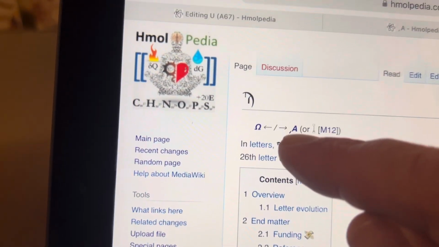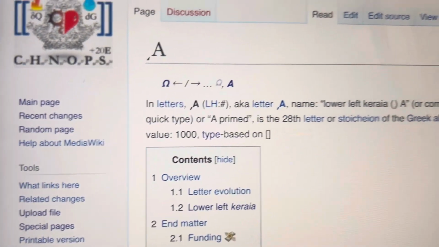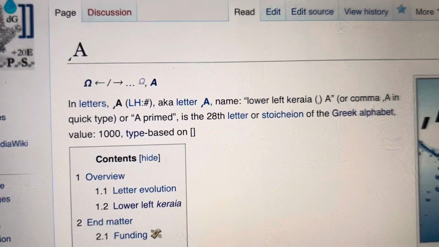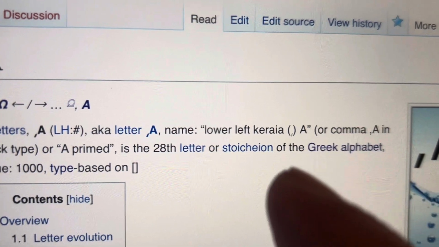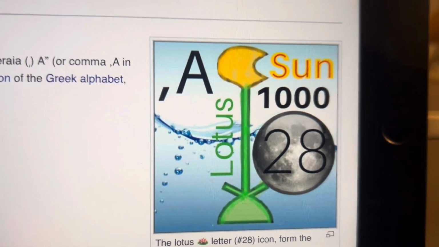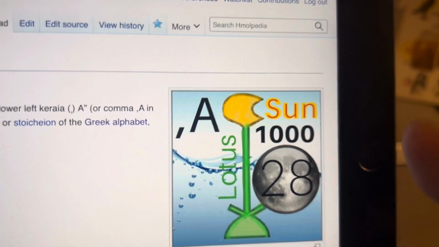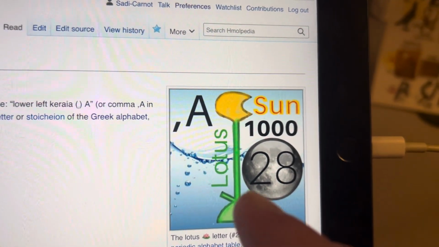Then we go to so-called comma A. It's the 28th letter, or A primed, or the lower left Carré sign, and it's the lotus letter. So the 28th letter, number of days of the lunar month, the sun is reborn. Lotus rises out of the water.